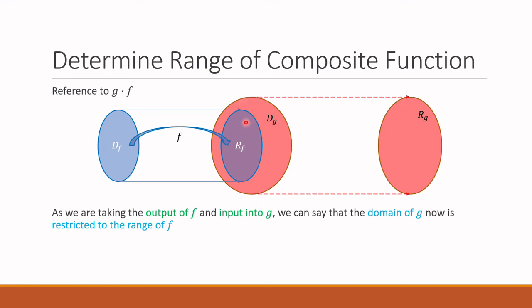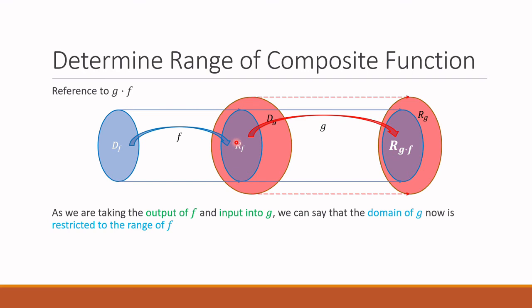I'm just going to use a small subset, which is the range of f. I put this range of f through the machine g to get this output. So the actual collection of all the possible outputs is this blue circle here, not the big red one, simply because of this part over here. I'm not using the red circle to put into the machine g. I'm using this smaller blue circle.